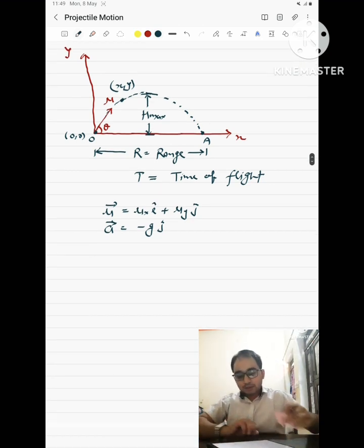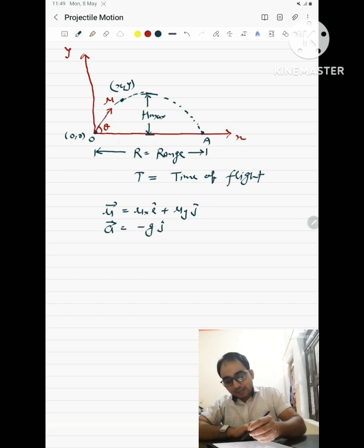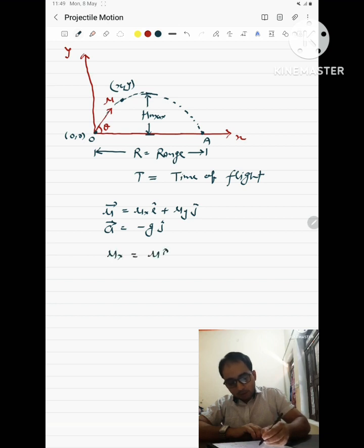We can resolve this velocity along the x-axis and y-axis, and we can write ux is u cos theta i cap, and uy is u sin theta j cap.